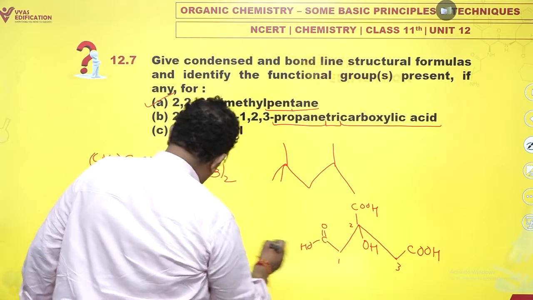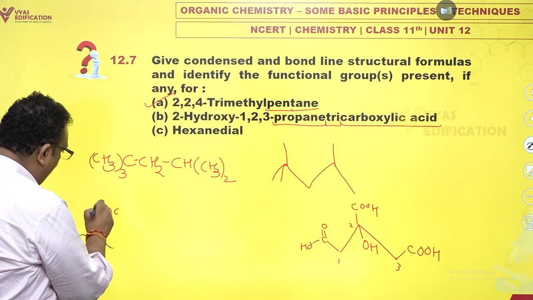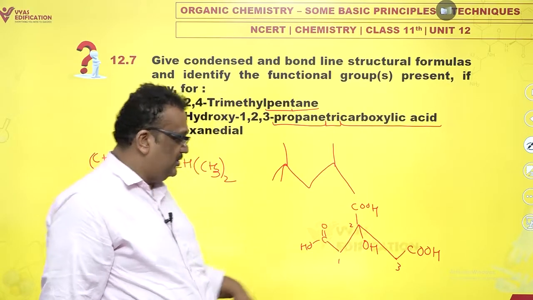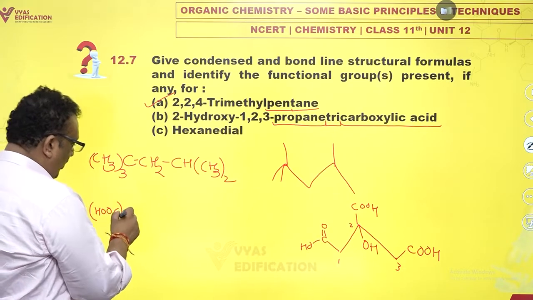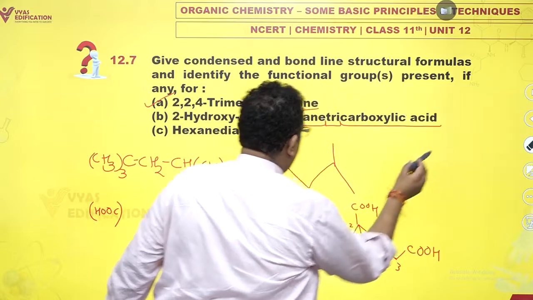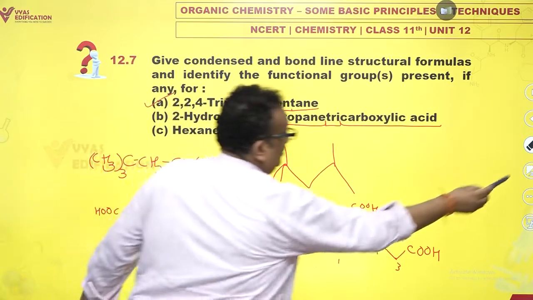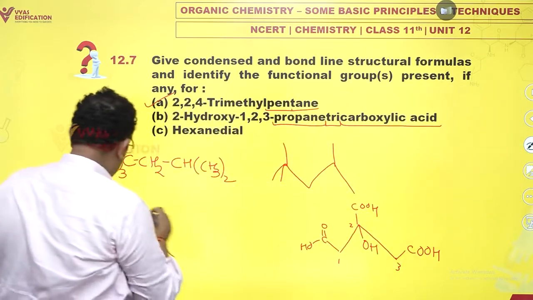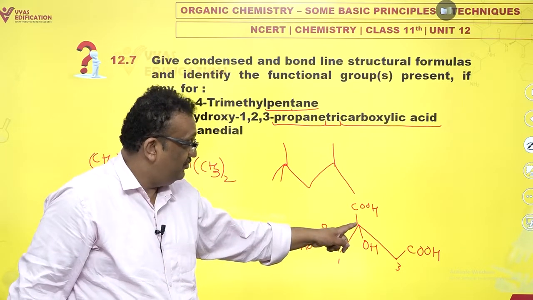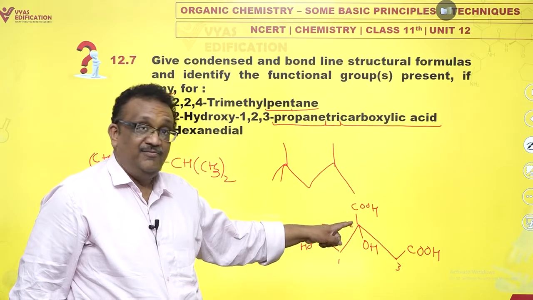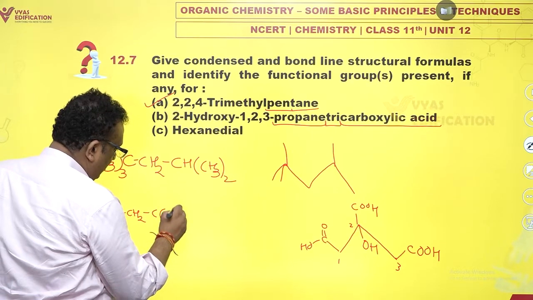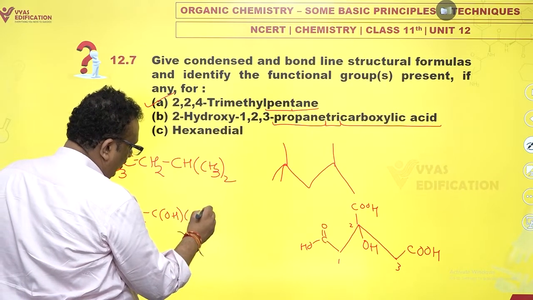We have a COOH group. And this is attached to carbon 1, which is CH2. So COOH being attached to CH2, then we have CH2. And then we have only one carbon C which is attached to OH and COOH.